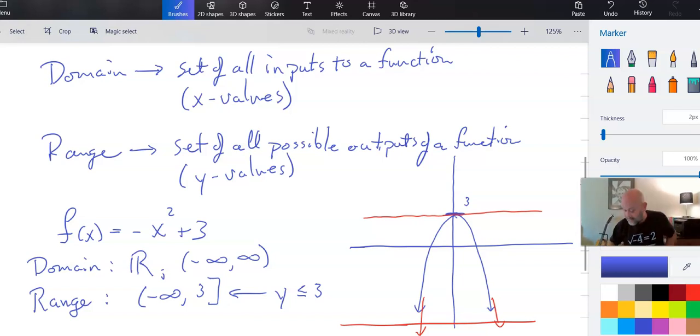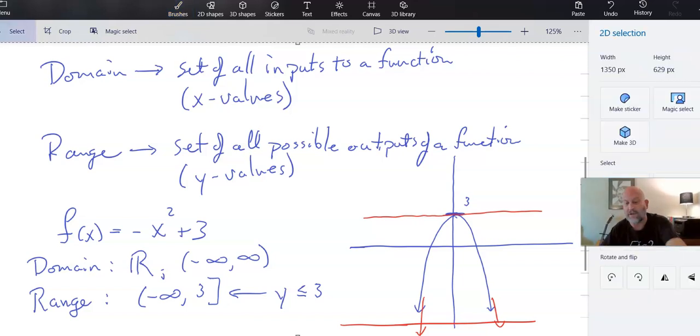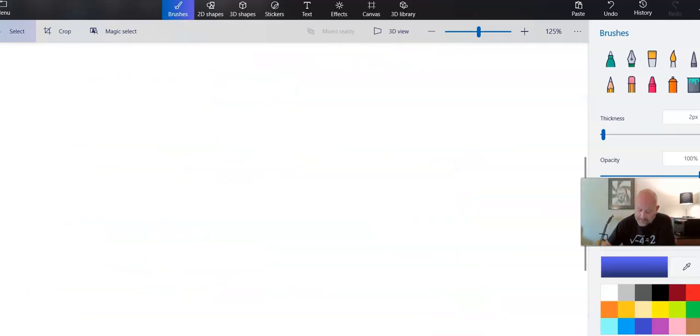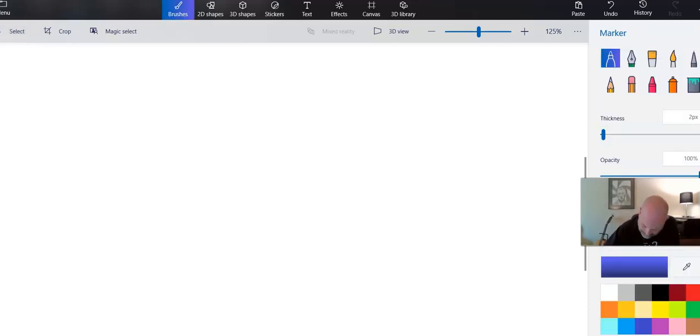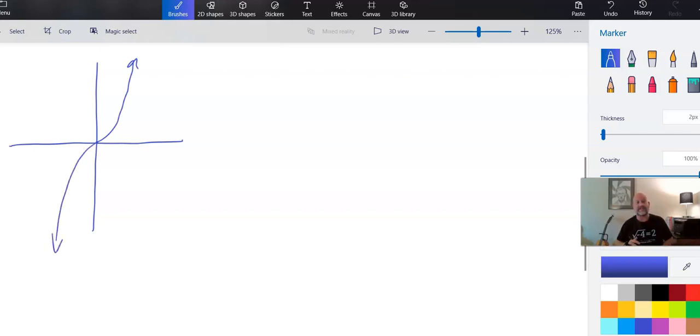If you have something, in fact, let me go ahead and clear this off here so we can look at some more examples. If you ended up with a function that looks like this, oh, not like that, right? If it ends up being one of these twisted ones that does this.